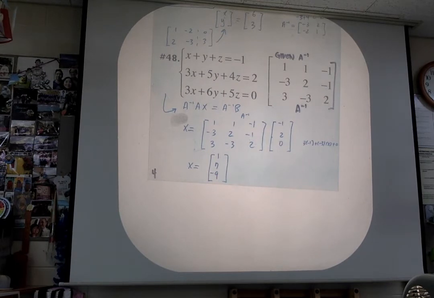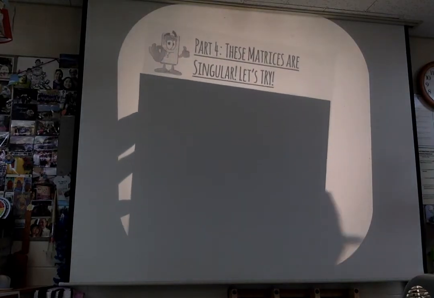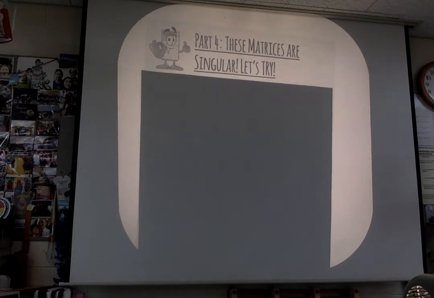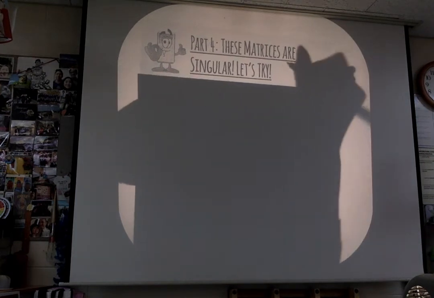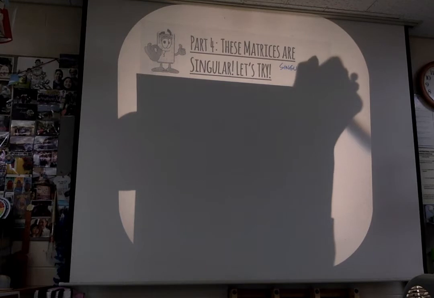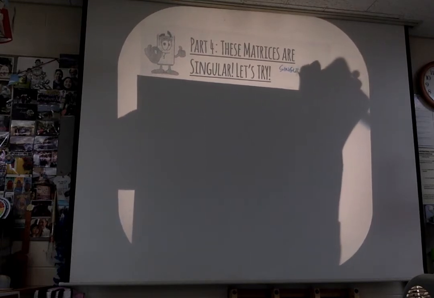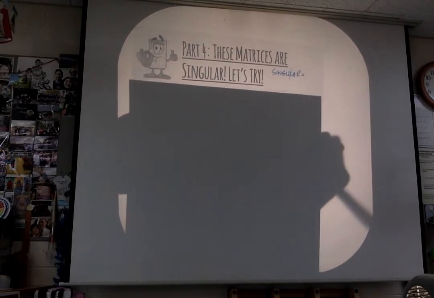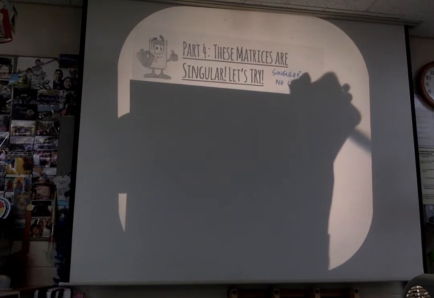All right, let's move right along to part 4. Part 4. Now, these matrices are singular. What does singular mean? Again, I think this is a review. Singular means no inverse. Think about it.